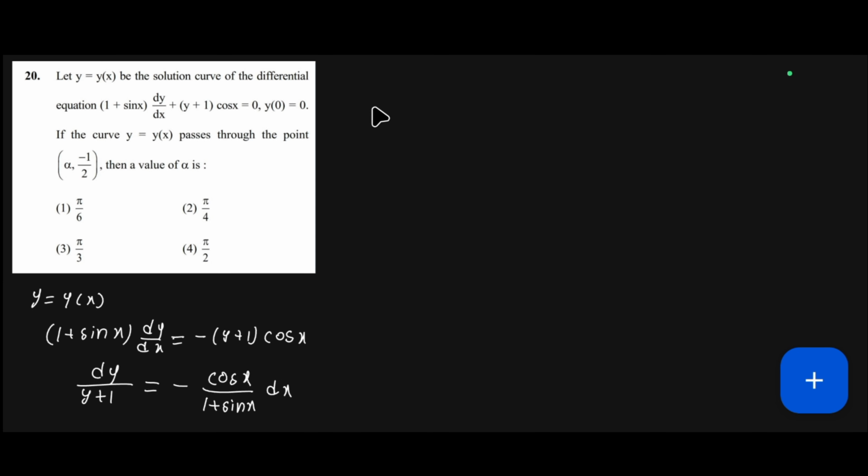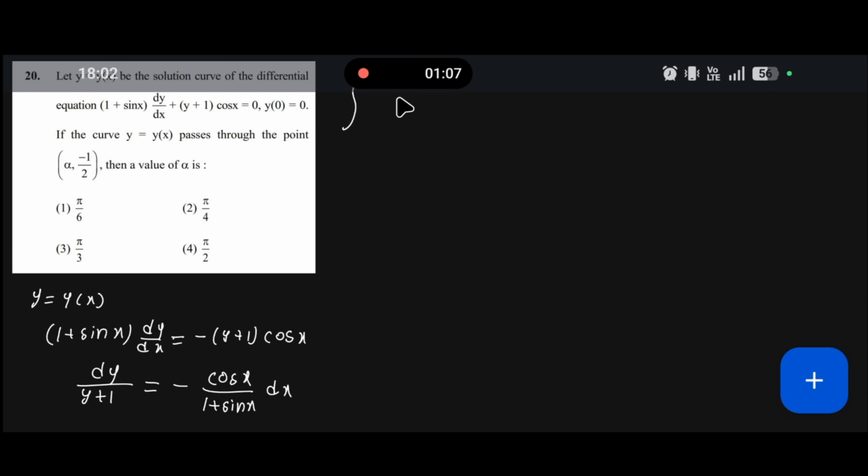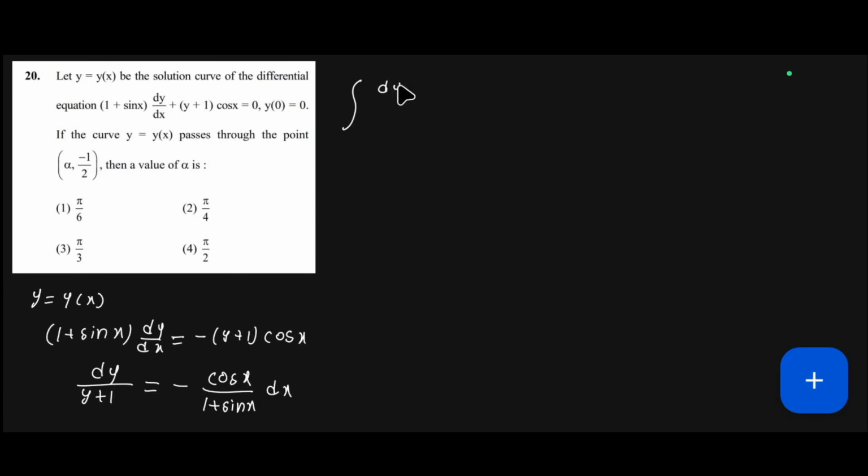Integration on both sides: integral of dy by (y + 1) is equal to minus integral of cos x by (1 + sin x) dx.